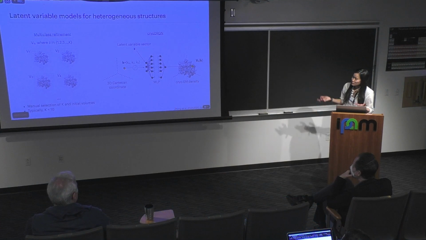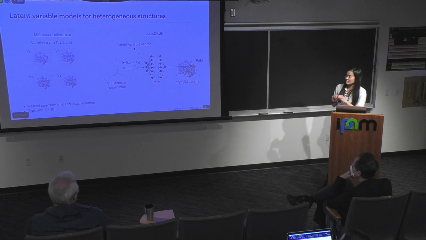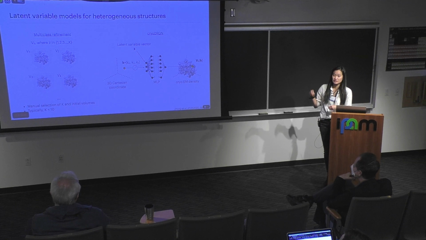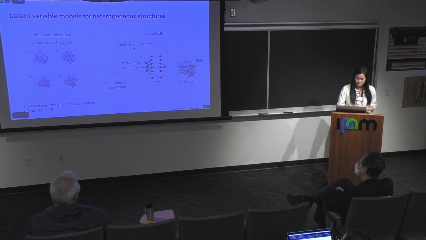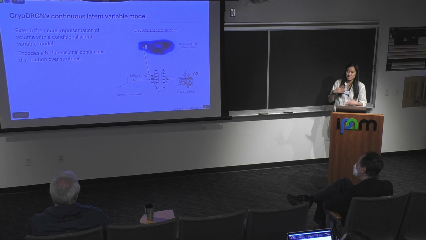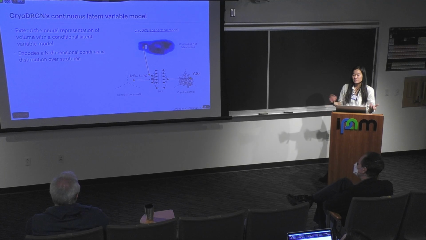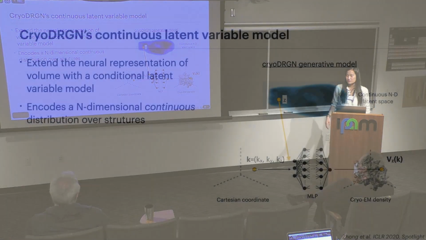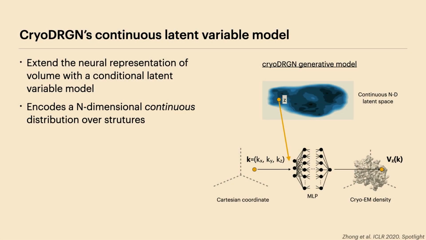In CryoDRAGON, we can simply extend the input dimension of our neural network to include an additional latent variable vector. So what does this mean? This latent variable vector is just a generic latent variable that we can use to encode additional degrees of freedom for our molecule of interest. If Z were one-dimensional, you can think of this as position along some reaction coordinate.